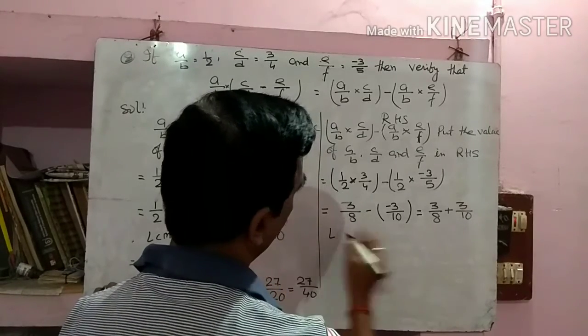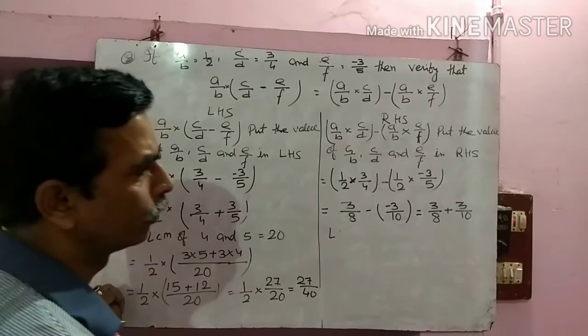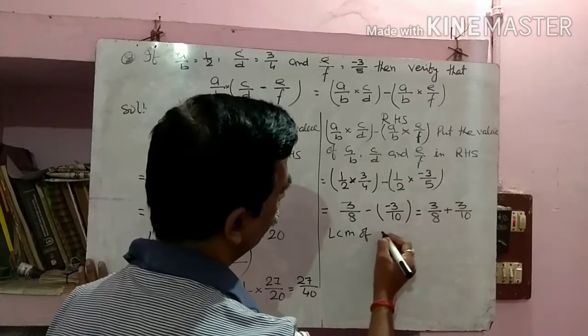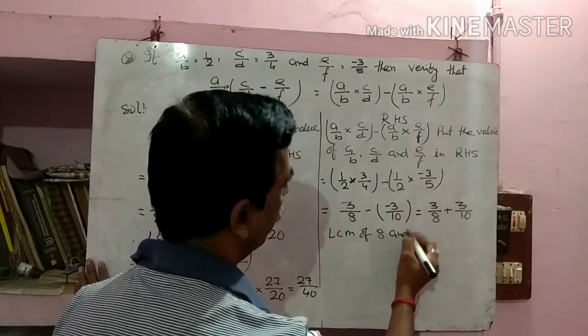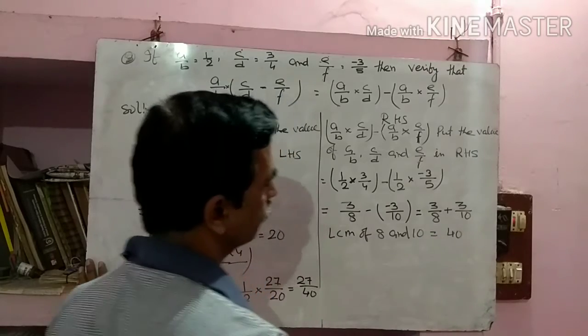Both denominators have different values, so we have to get the LCM of 8 and 10, which is equal to 40.